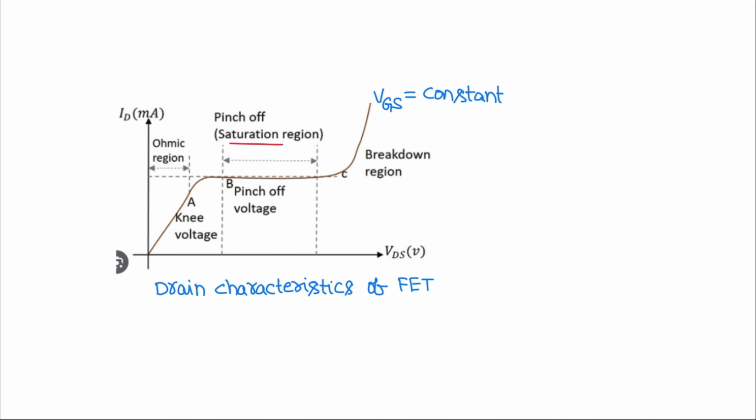Saturation region or pinch off region. In the curve from the origin to point A, it is the ohmic region or linear region. Beyond point C, it is the breakdown region. These characteristics are obtained while keeping VGS constant.